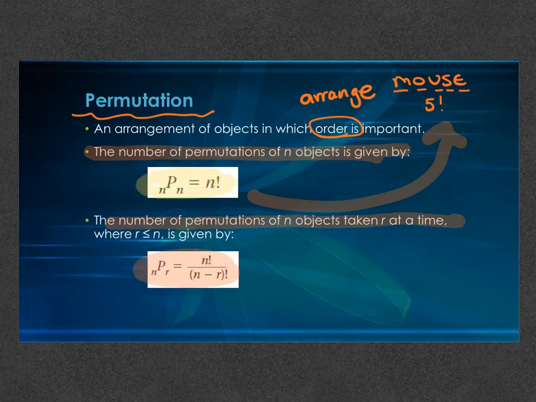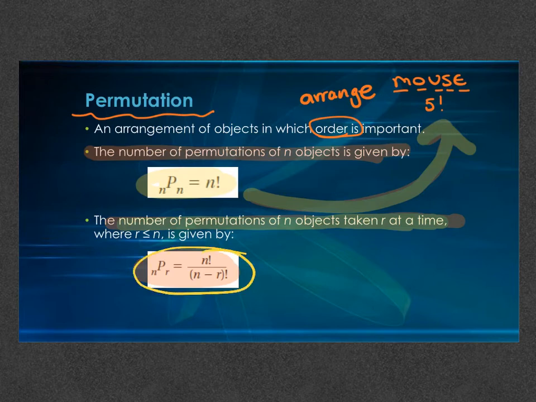So the first thing is your factorial, right? That's if all of the items are used. The second thing is if it's r number of items at a time. So I only want to use the first 3 letters, or I only want to fill 5 of the 10 objects, that kind of thing. And that's this little formula. So if you're building a reference sheet for your test, this definitely needs to go on it, which is n factorial over n minus r factorial.